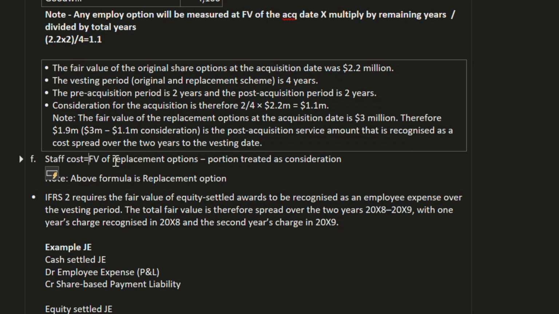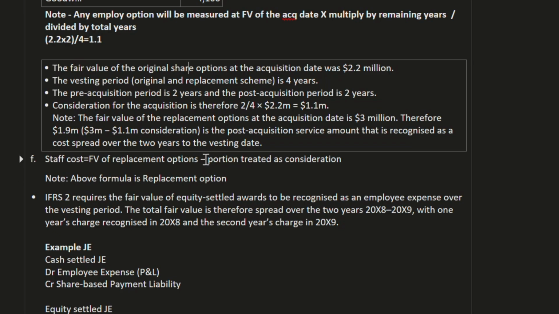What is the formula? Fair value of replacement option minus portion treated as consideration. So the fair value of replacement option is 3 million. Employee option, stock option, share options are different, and replacement option is different. And minus the portion treated as consideration.